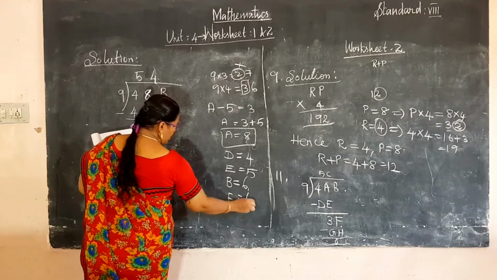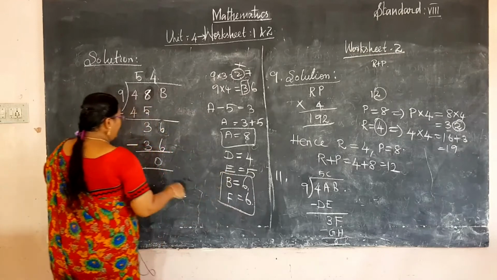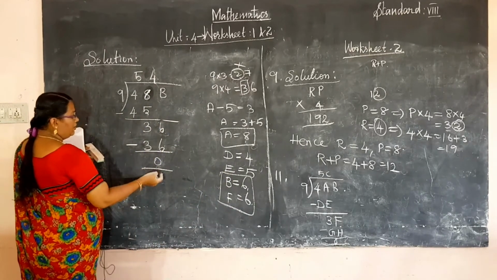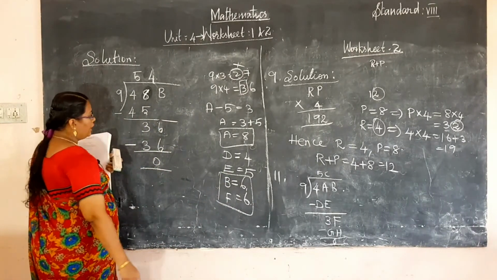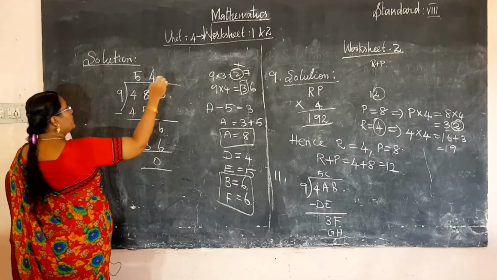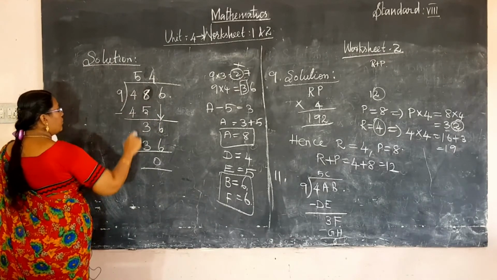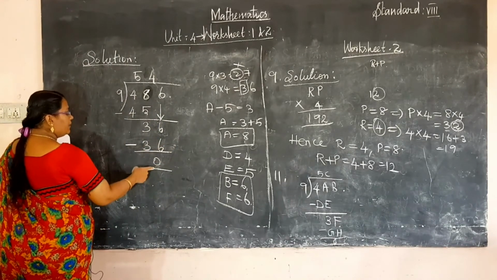So f is also 6, and these two values are equal. Subtract this value and the remainder will be 0. The b value is also 6. Bring down 6, value 36. 9 4s are 36. The remainder will be 0.